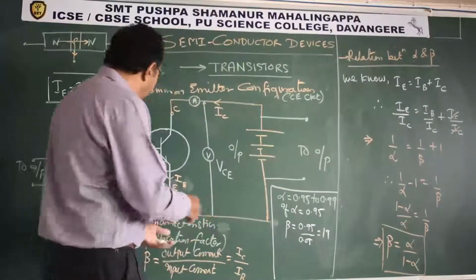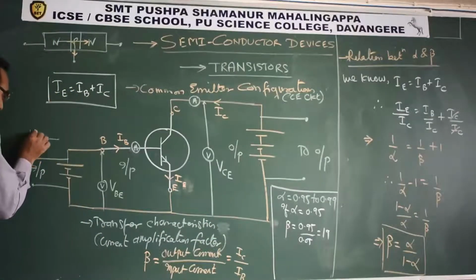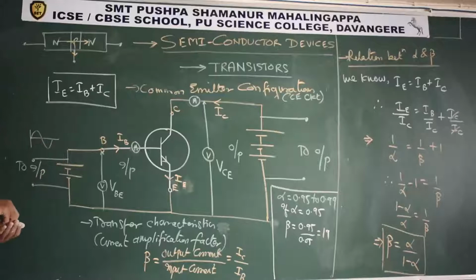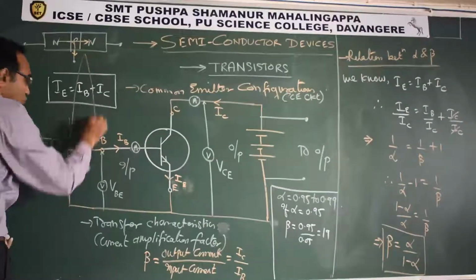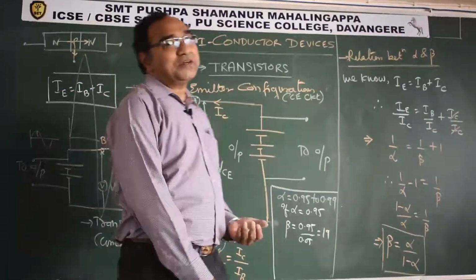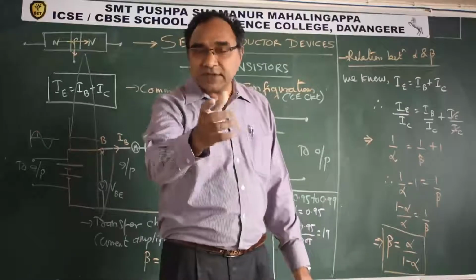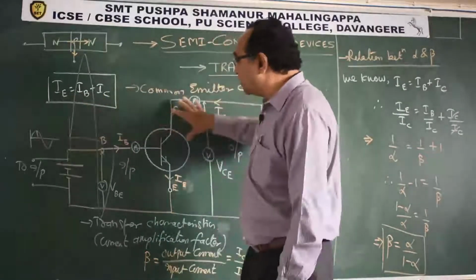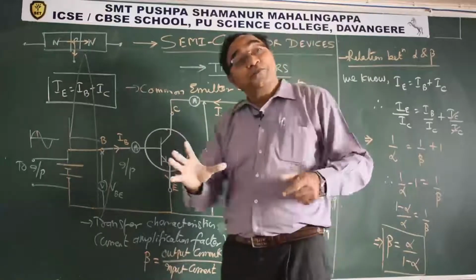So if I use an input as AC, output will be what? 99 times, this huge one you will get. See, this is the kind of output wave you will get. This is amplification. And students, exactly this circuit is used in home theater.